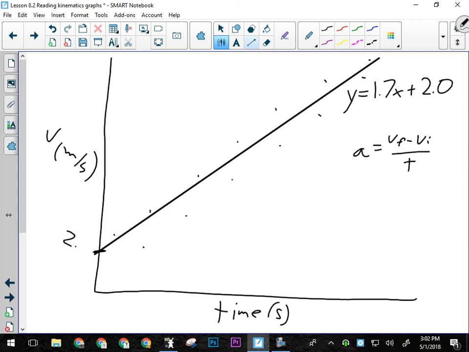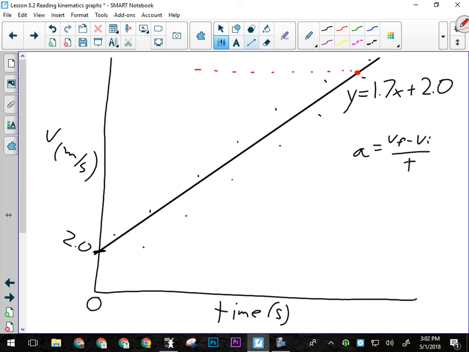Okay, this is b. This is the y-intercept. It's where the line crosses the y-axis. It also happens to be how fast the object is going at time 0, which would be then its initial velocity.